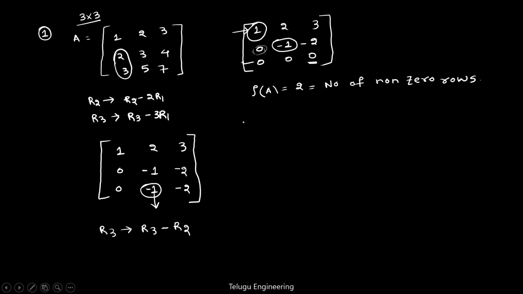Okay, and we will solve another example. Now we will solve a 3 into 4 matrix: 0 1 2 1, 1 2 3 2, 3 1 1 3.